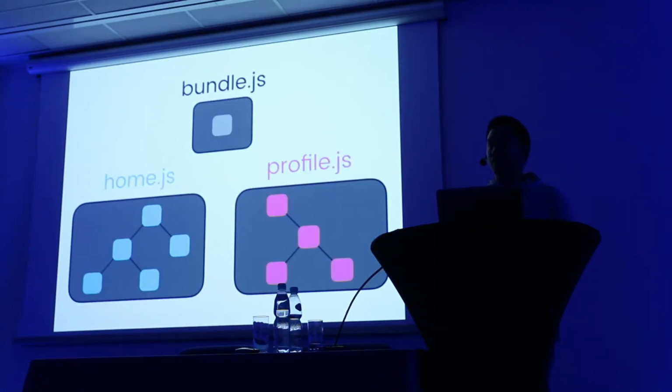And after we've defined our splitting points, our application will be divided into several chunks. In this case, we have our shared application code as bundle.js, representing one bundle, and two route-specific chunks, home.js and profile.js, each representing a separate bundle.